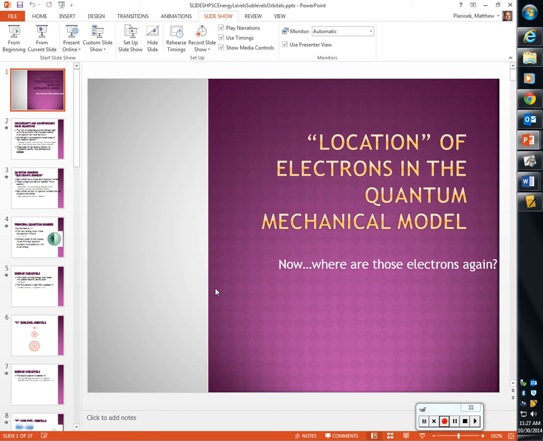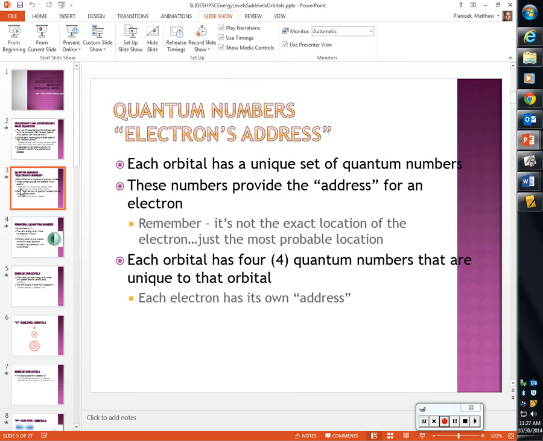Yesterday, we talked more about these orbitals that exist, these likely places where electrons could exist, which we refer to as orbitals. They are areas of high probability. That doesn't necessarily mean that electrons are there, but there is a good chance that electrons are there. And we introduced on Tuesday the idea of quantum numbers.